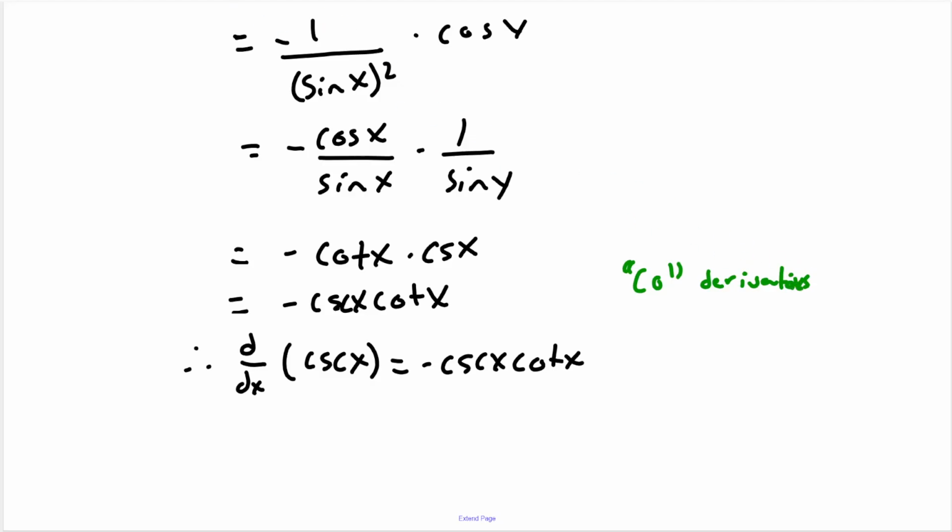The co-derivatives are negative. Okay, just a good thing to know, right? Like if you're confused, oh, is it positive cosecant x cotangent of x, or is it negative cosecant x cotangent x? We'll just know that, oh wait, it's the derivative of cosecant x, so it has to be negative cosecant x cotangent of x.